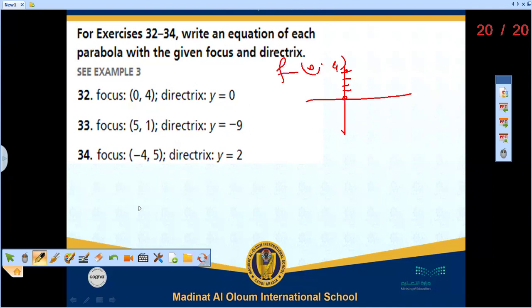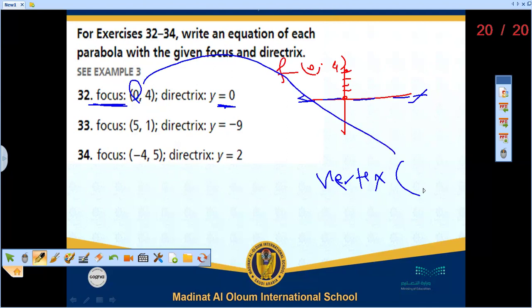Y equals 0 means y is here. This is my directrix. And I told you the vertex is at the middle between focus and directrix. For my vertex, I put the same x as the focus, which is 0. And how can we get y? I add the y of focus plus directrix, divided by 2. Now my vertex is 0, 2.